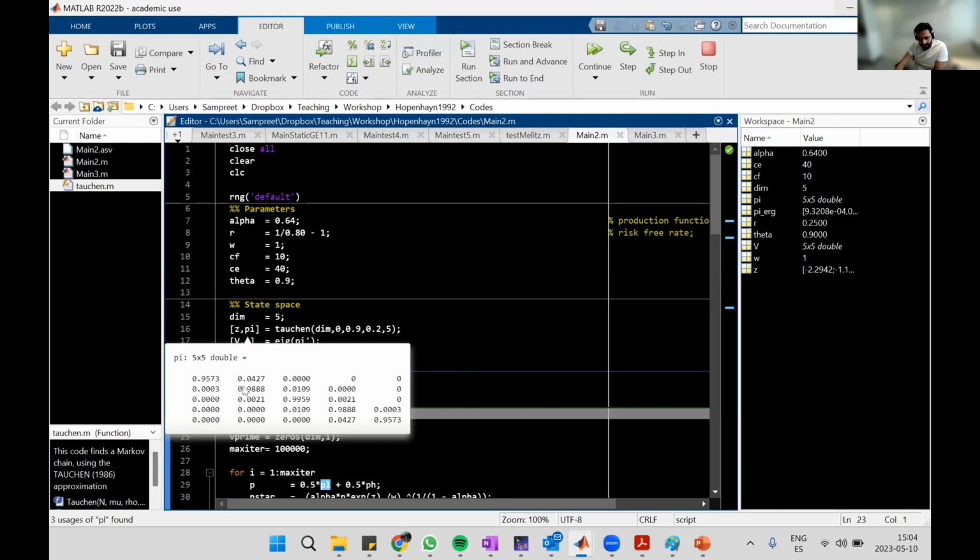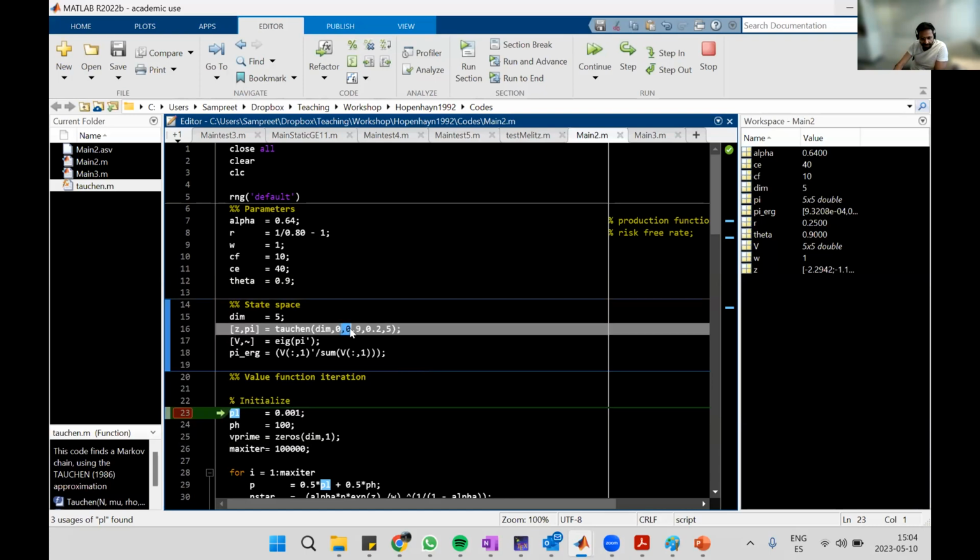You can see that the diagonal elements have the highest probability. This is because we give a lot of persistence. If rho is very high, then productivity will be very persistent. So if I'm today Z1, the probability that tomorrow I will again be Z1 will be very high.